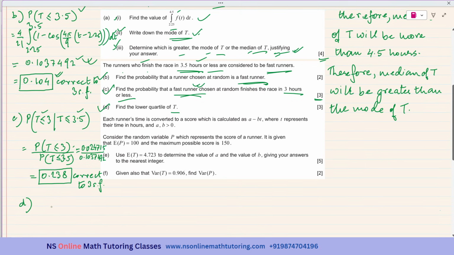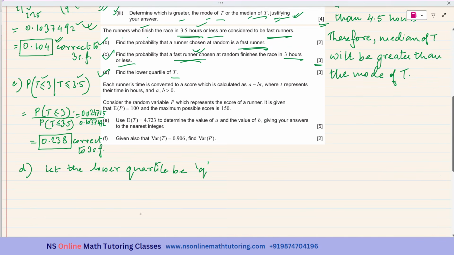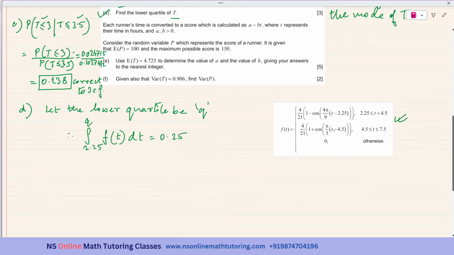Let the lower quartile be Q. So therefore, the integral from 2.25 to Q of f of t dt should be equal to 0.25. And these were the expressions of f of t.